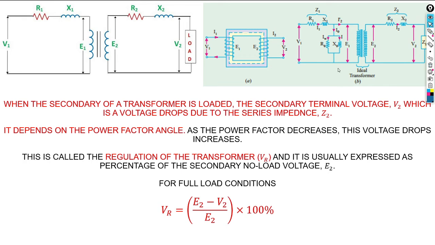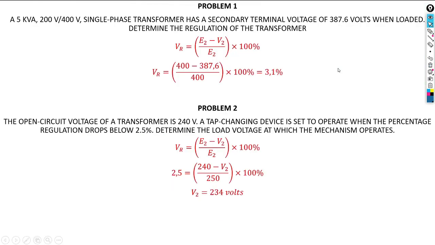Now we're going to have a look at some problem solving under this voltage regulation. In problem 1, we can see that they give us a power, which is the rating of the transformer, 5 kVA, and then we have our turns ratio, with 240 being our E1, the induced EMF 1. You know that our E1 is going to be equal to V1.